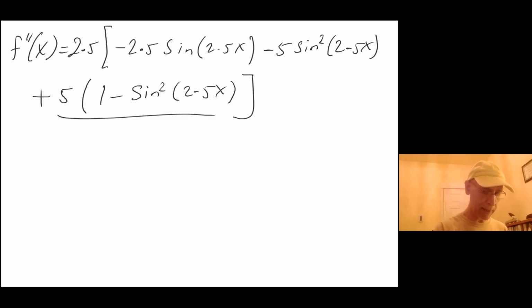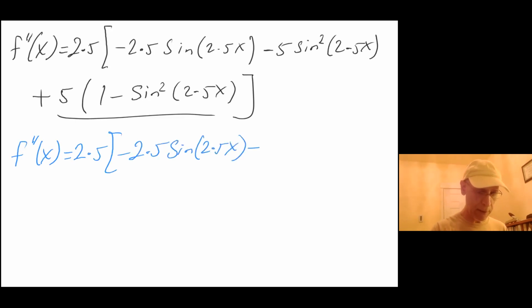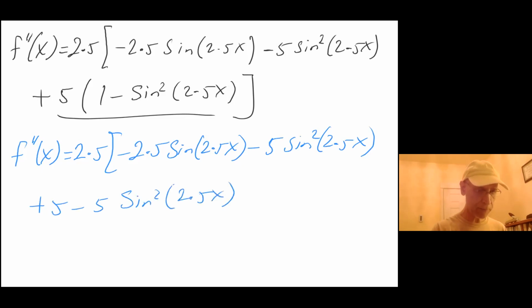So I'm getting f double prime of x equals 2.5 minus 2.5 sine of 2.5x minus 5 times sine squared of 2.5x. Then I have a plus 5, then I have minus 5 times sine squared of 2.5x. Well, I can combine.